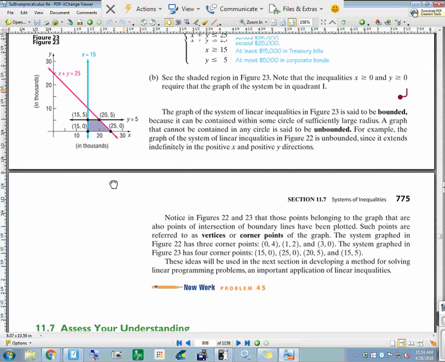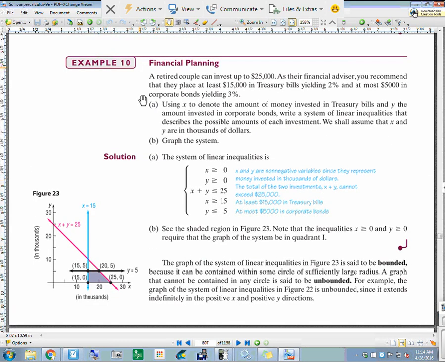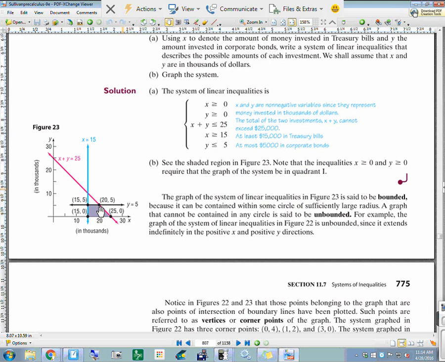So when you get down to a problem like this, when it talks about financial planning, set up the equations, graph the equations, shade in the overlapping region. Then pick the intersection points. Those are going to be either your maximum or minimum solution for the problem.